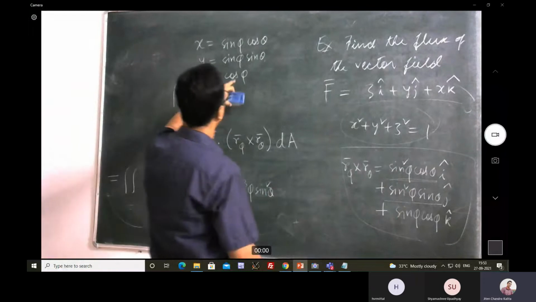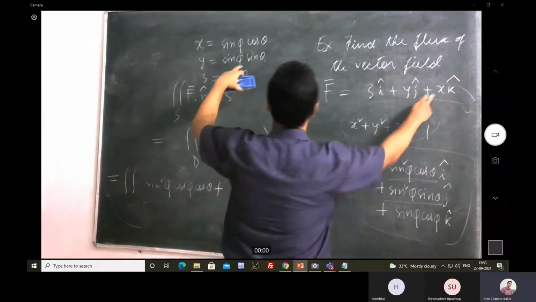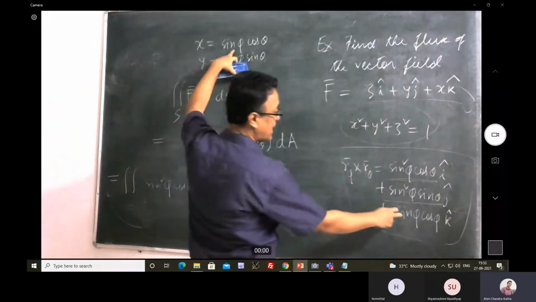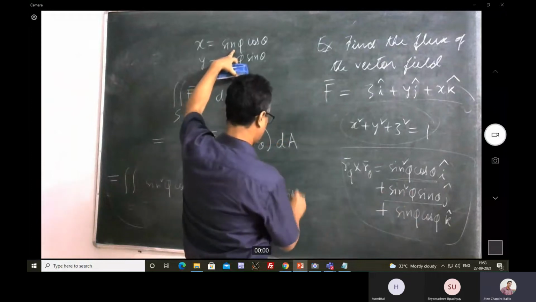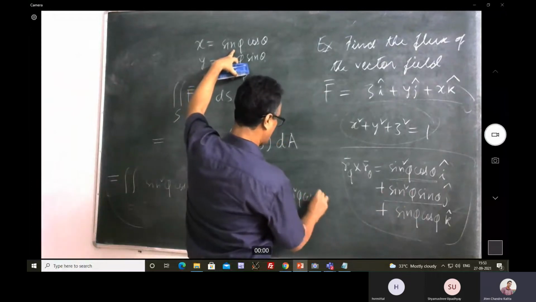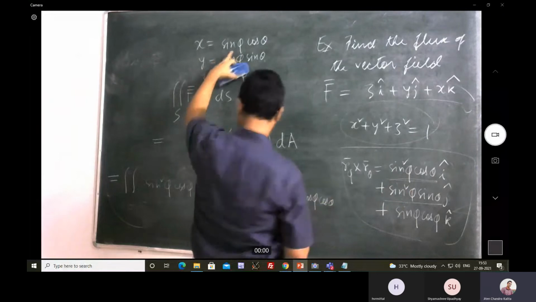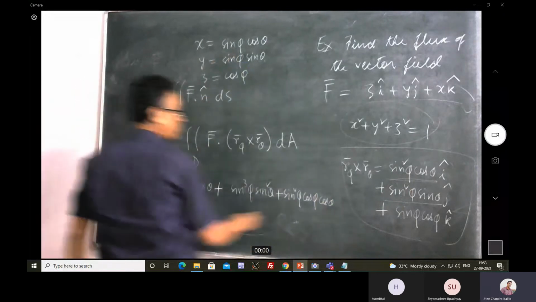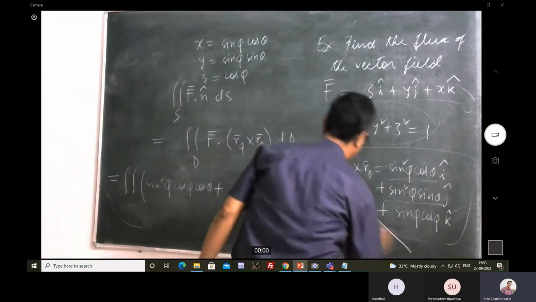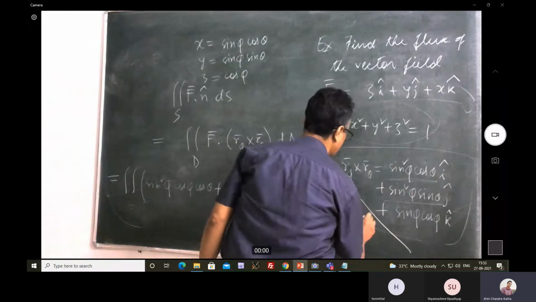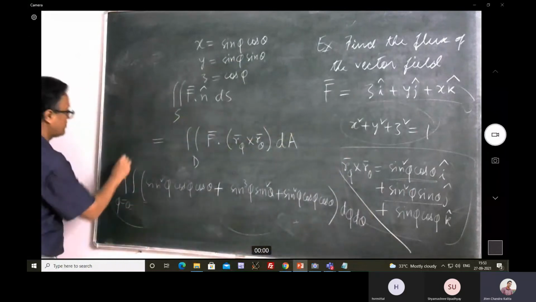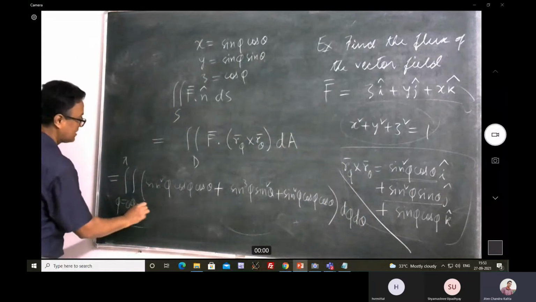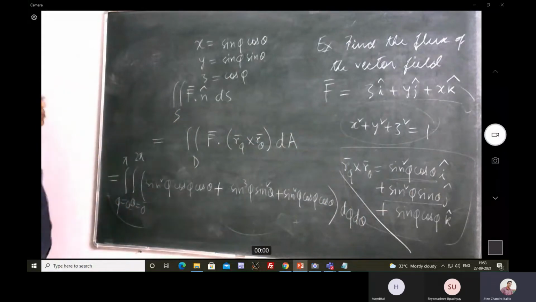And then this is x times sin phi, so sin squared phi cos phi cos theta. Then simply d phi d theta, where phi goes from 0 to pi and theta goes from 0 to 2 pi.